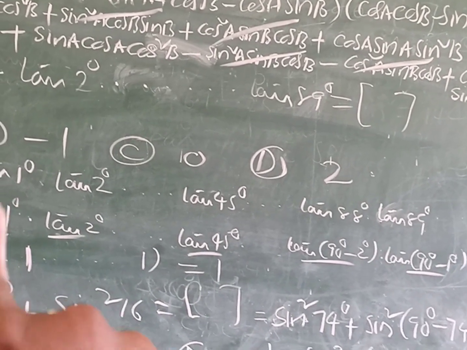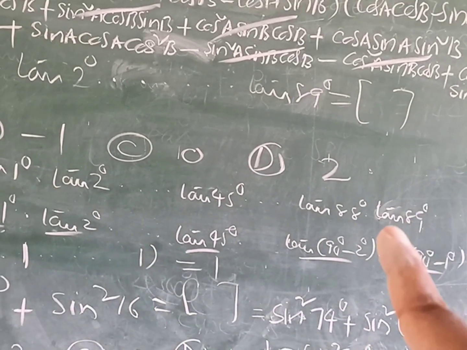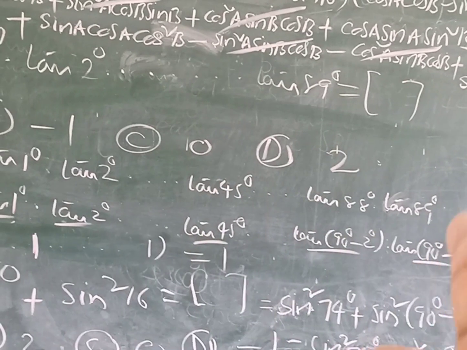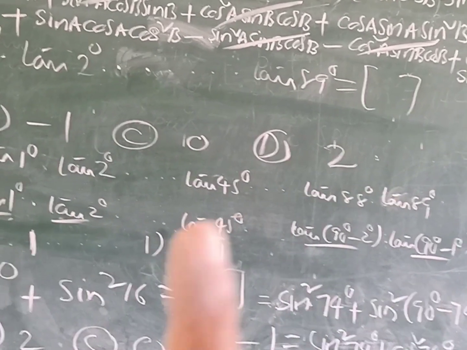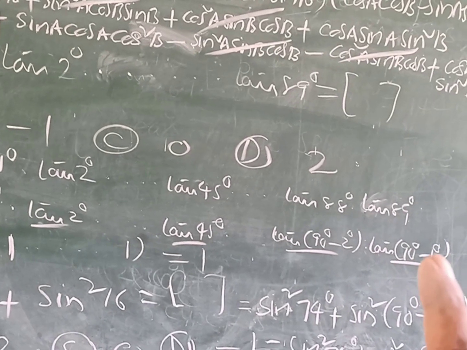Therefore, 1 and 89 are complementary, 2 and 88 are complementary, 3 and 87 are complementary. In this way, we get sets of complementary angles. Therefore, tan (90 minus 2 degrees), tan (90 minus 1 degree), like this.